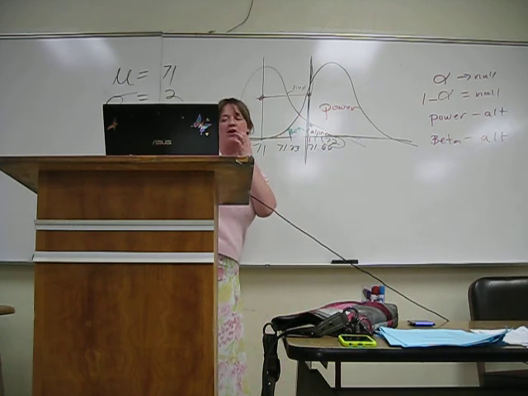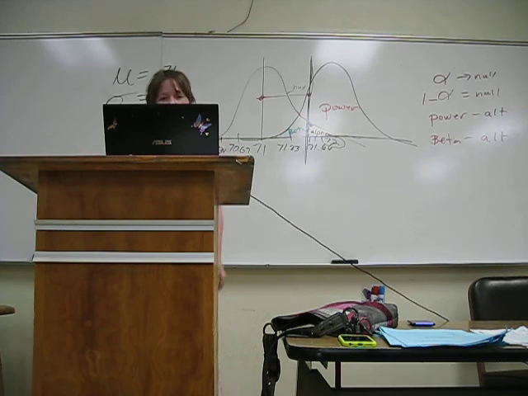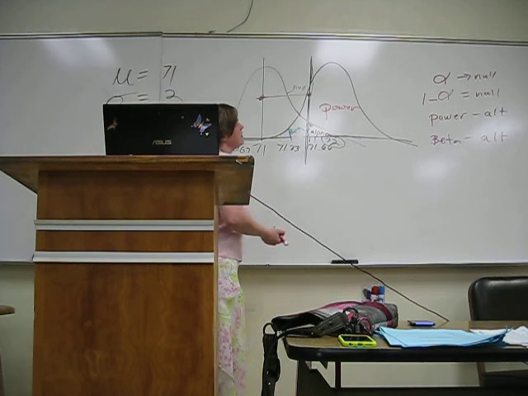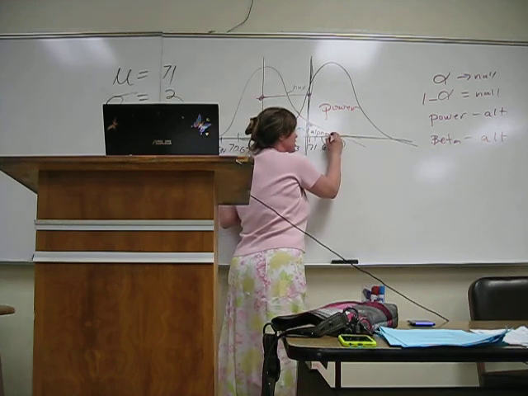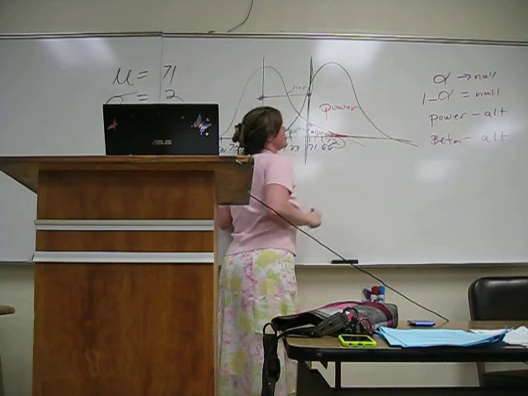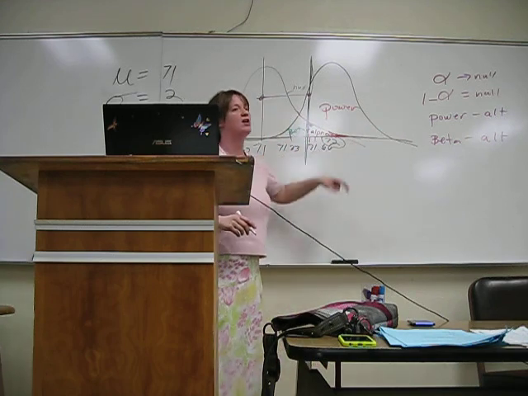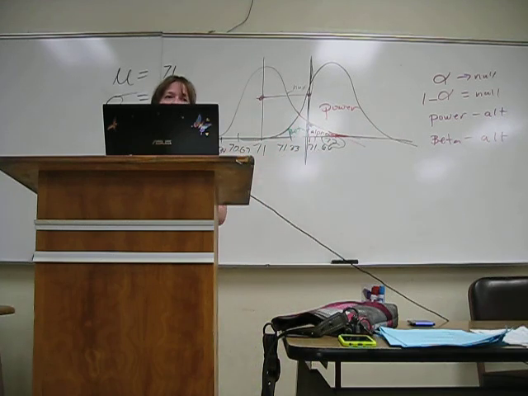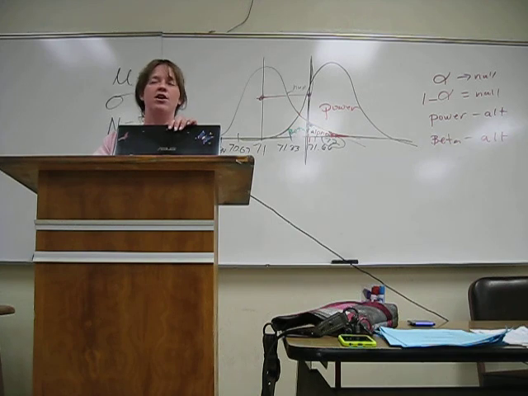Now, what is a p-value? A p-value, to refresh your memory, is looking at this 72 and figuring out what part of the null hypothesis sampling distribution would be more extreme than 72. It's the probability of your data or data more extreme if the null is true.